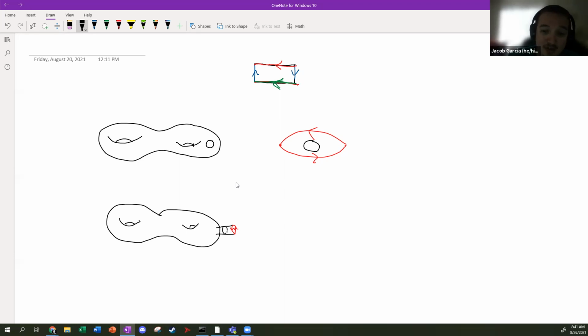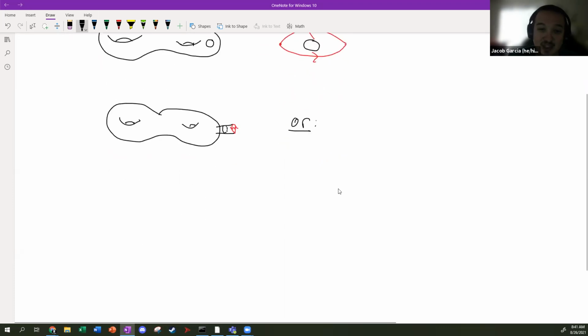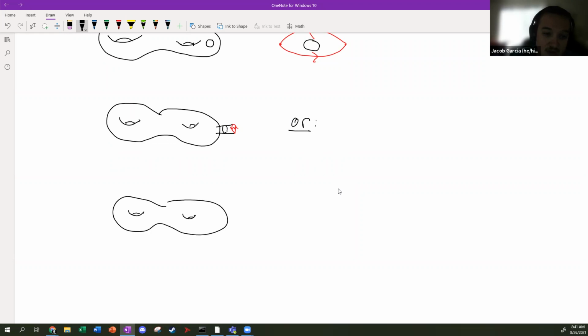Another way that you can think of this, now that we know that this is the condition, is taking the surface of genus 2 that has a disk punched out. So this is actually now a hole in the space. So this is like S2,1. It's a genus 2 surface with a puncture.